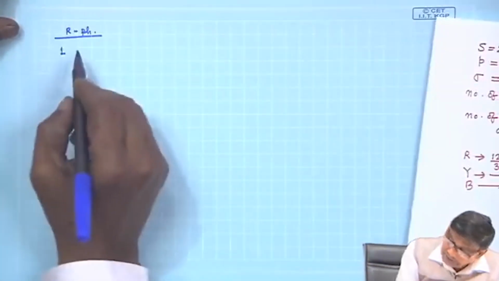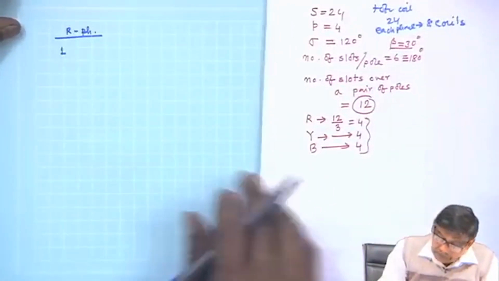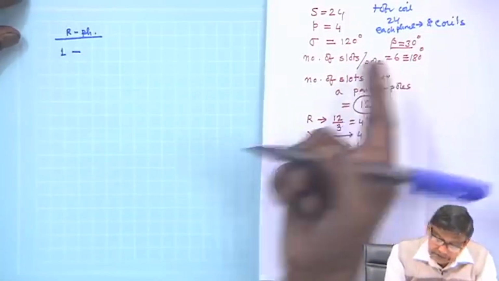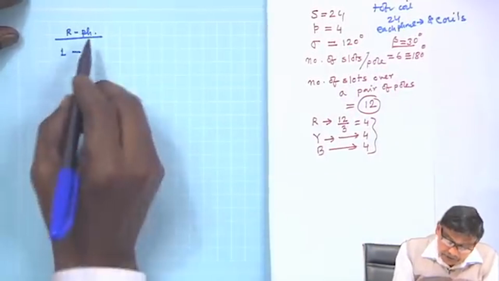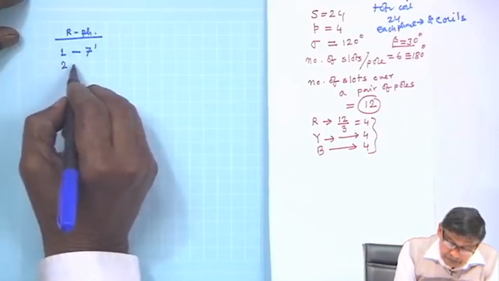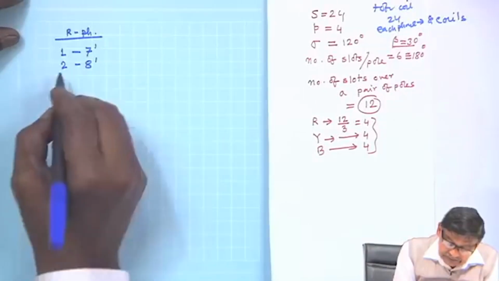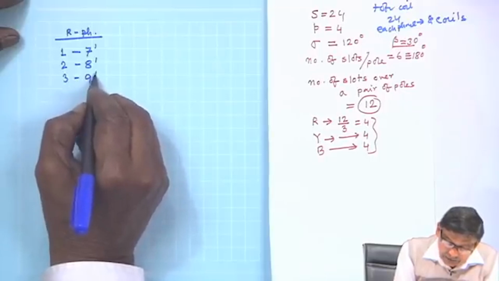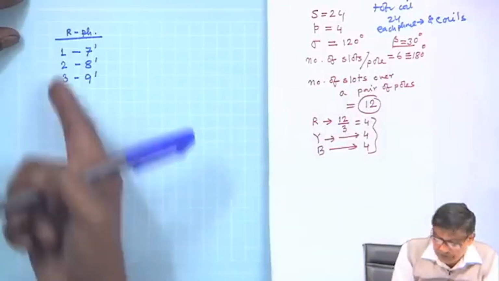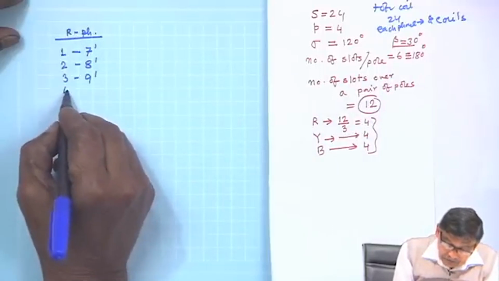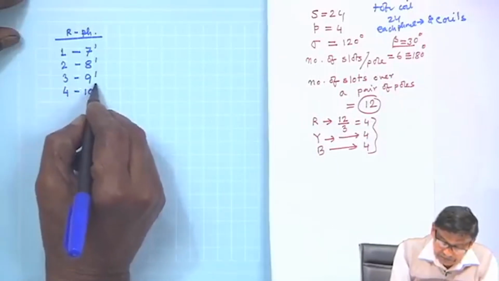So, 1, 2 and the coil span is 6, therefore, it will be 1 7 dashed, 2 8 dashed, 3 9 dashed. I do not stop here, I will give 4 in succession, and 4 10 dashed.